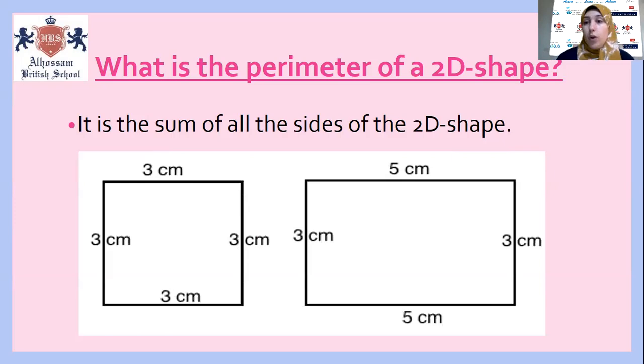So the rule for a rectangle is the length, which is the taller side, plus the width, which is the smaller or shorter side, 5 plus 3, length plus width, then multiply the answer by 2 to get the other 2 sides.